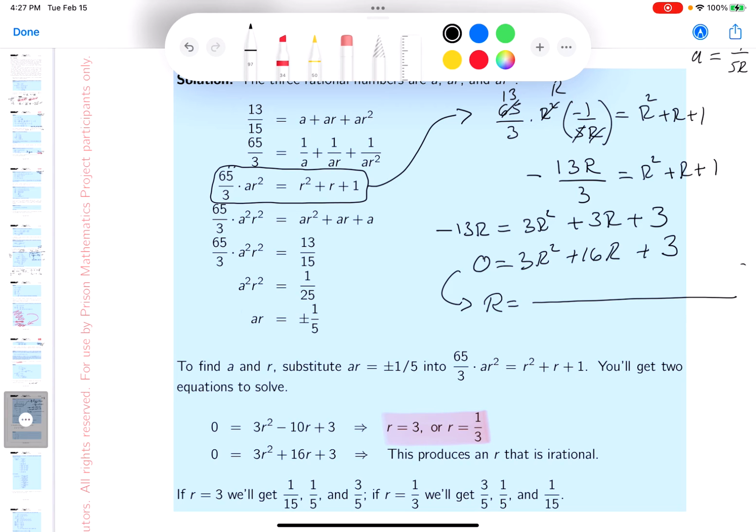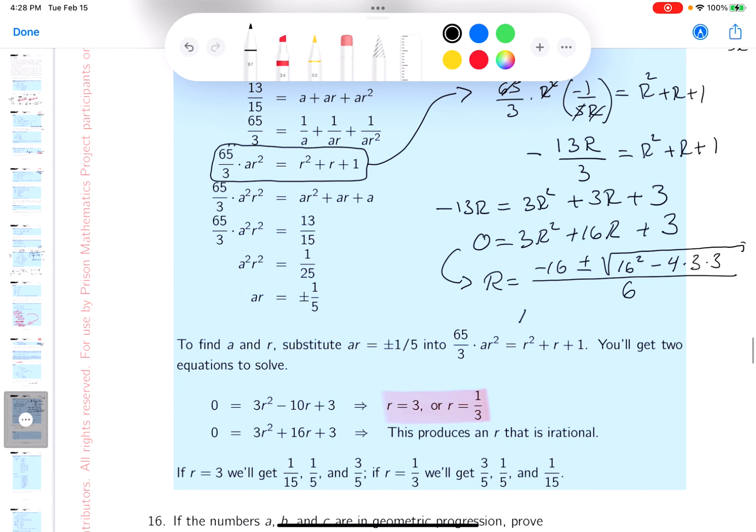So twice the A, 6, the opposite of the B, that's the coefficient on the R, by the way, minus 16, plus or minus, let's be real careful. Then what do you get? Well, the B squared, so 16 squared minus 4 times 3 times 3. One thing I noticed is that this R is irrational.